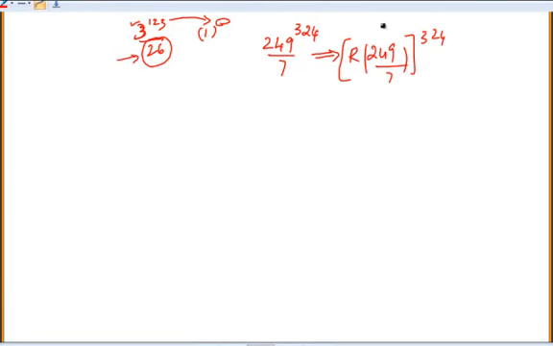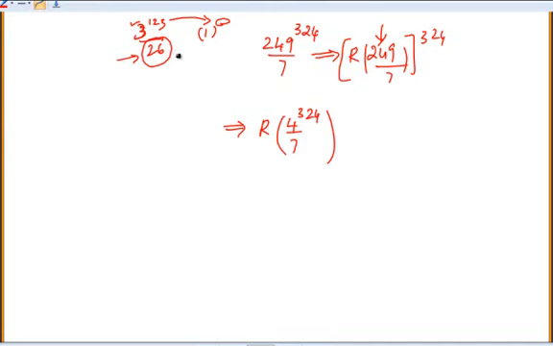Now, what's the remainder when 249 is divided by 7? We know that the remainder is 4. So in effect, this becomes the remainder of 4 power 324 by 7.